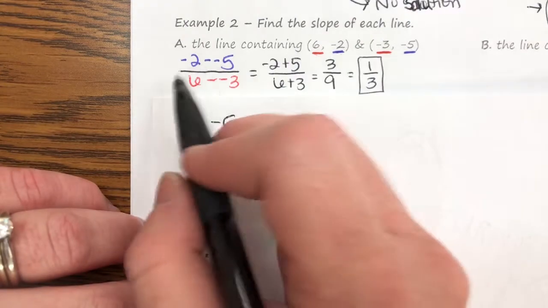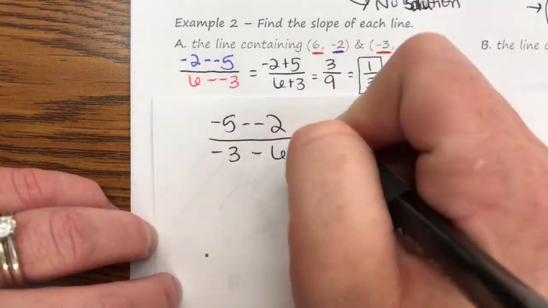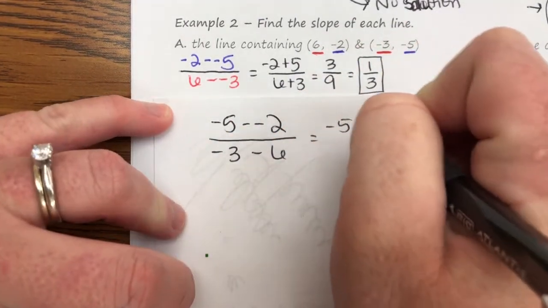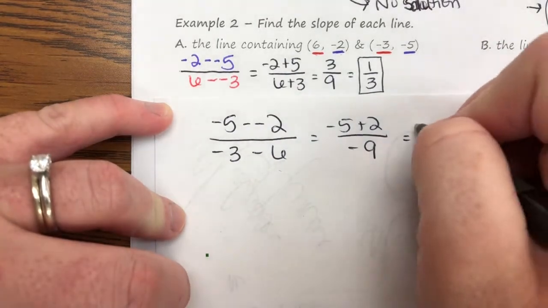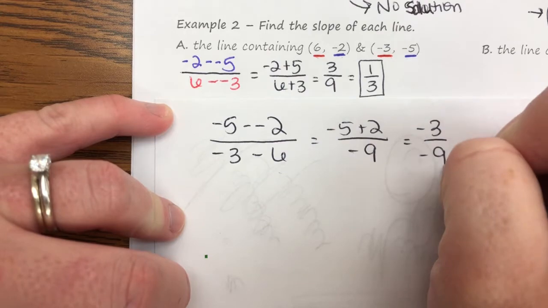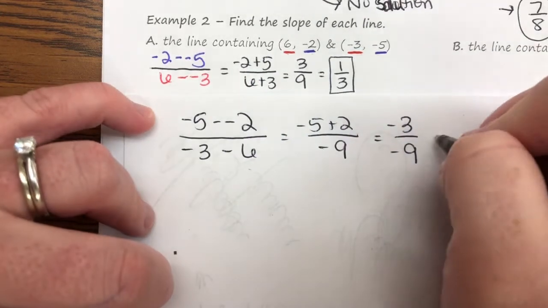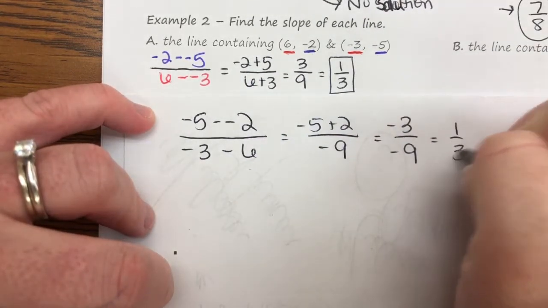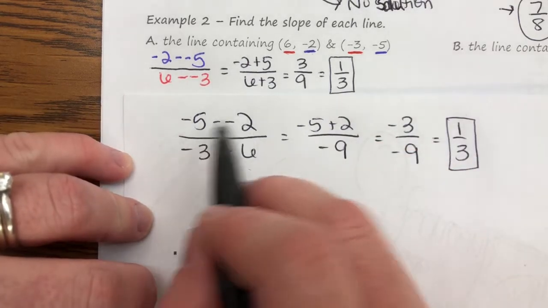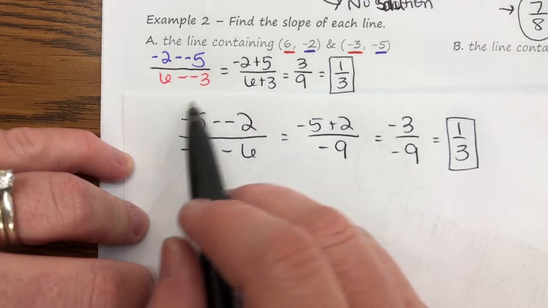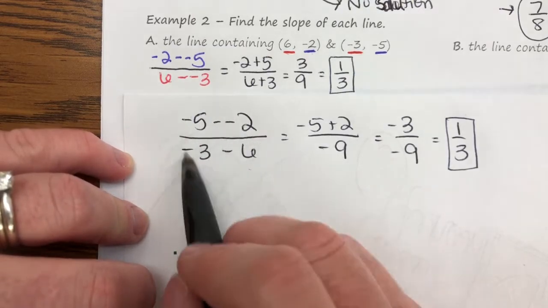So if I flip-flop the order, when I simplify, -5 plus 2 is -3, -3 minus 6 is -9, and -3 over -9 is positive 1/3. And that's exactly what I got here. So it does not matter what order you subtract in. Whatever order you subtract in on top, the bottom has to match it.